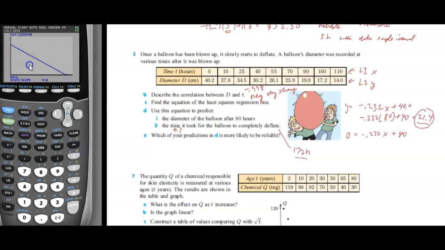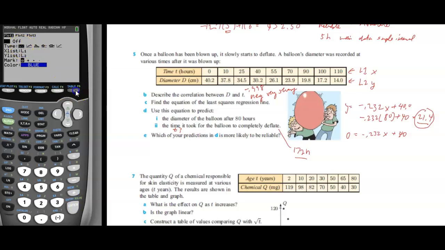By the way, there's a way we can show the data. This is not something you need to know for our class, but sometimes you're going to use it for science class. You can turn on the data points by going into plot one, off, hitting enter, and then going over to where it says on/off and pressing on. It's already in scatter.